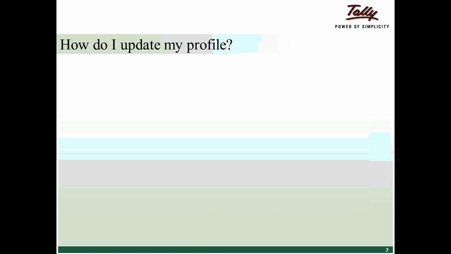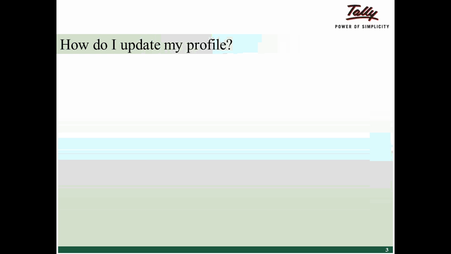So how do I update my profile? Profile is nothing but the information about your company. As you would have purchased Tally, there should be some information which has to be stored or saved for a particular serial number, so you have to update your profile.